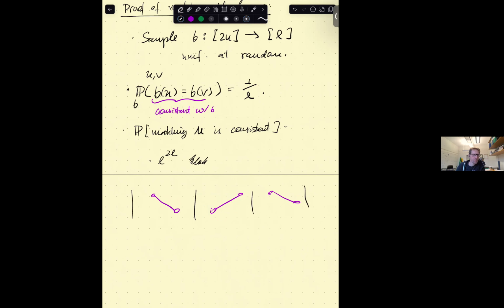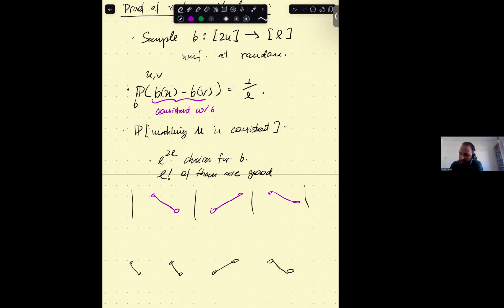Because what you're doing is taking these edges and you're going to permute them and decide which blocks they are going to go to, right?